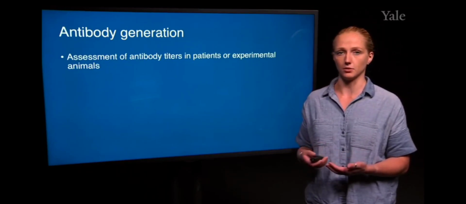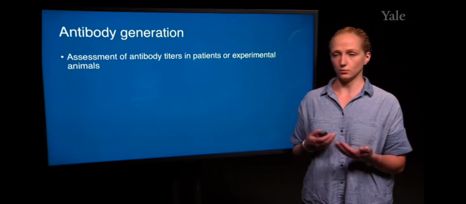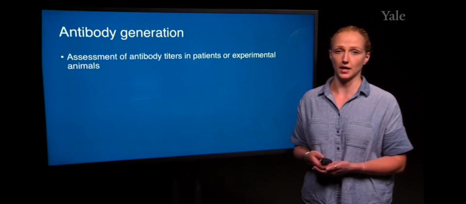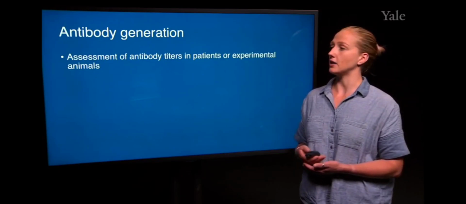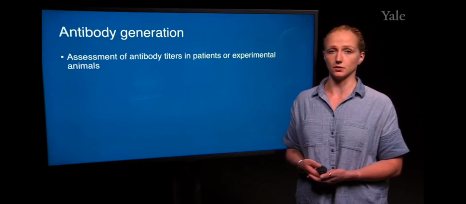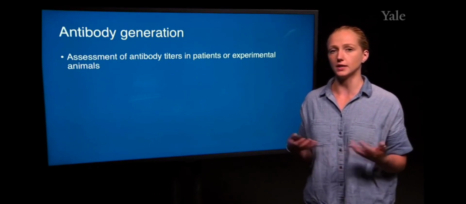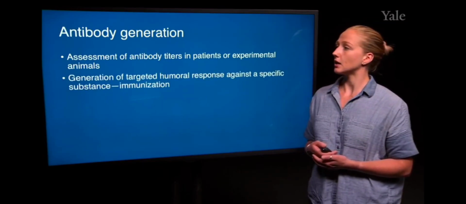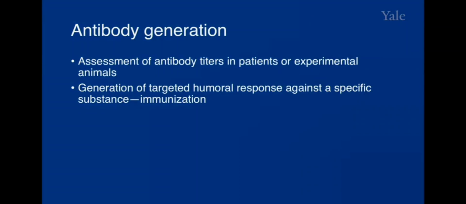Now, studying antibody responses within a lab can answer a variety of different questions, as well as studying antibody titers in patients can give clinicians a really good understanding of what is happening internally in their patients. So when we talk about the generation of a specific targeted humoral response against a substance, this is called immunization.